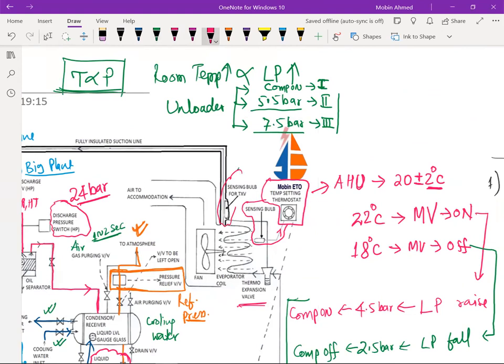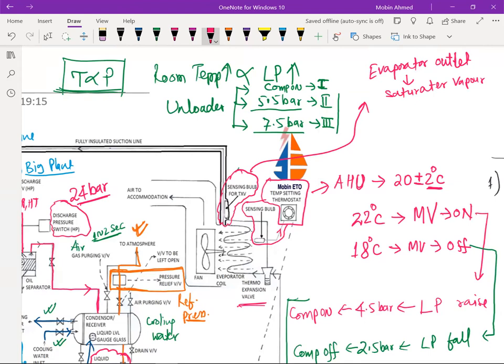It is placed in such a way that the evaporator outlet is already having the saturated vapor.